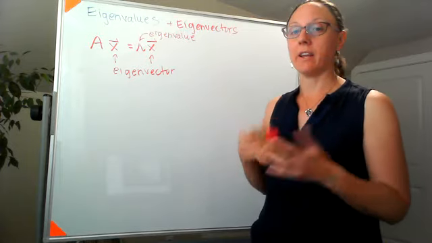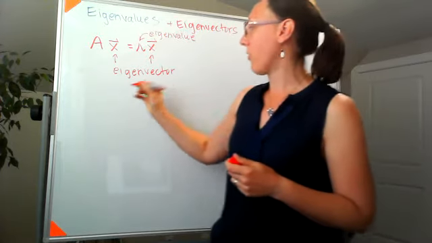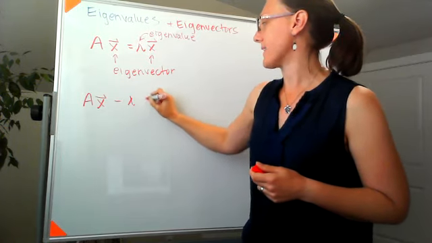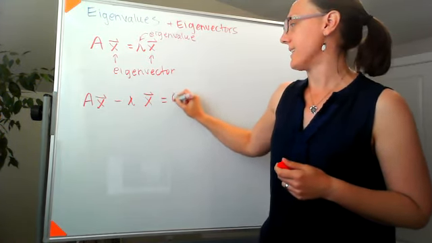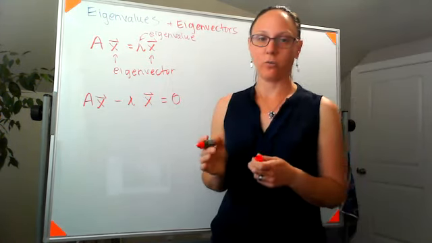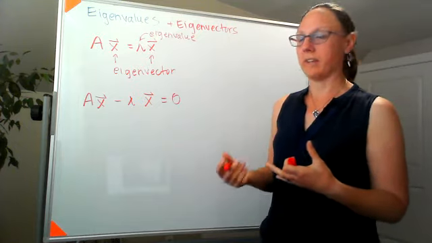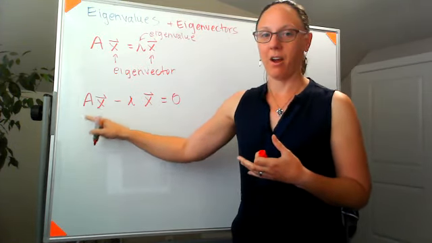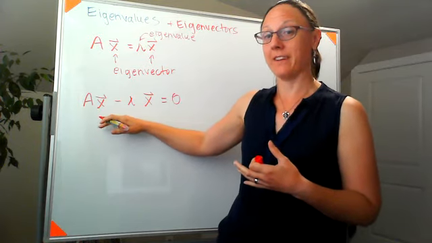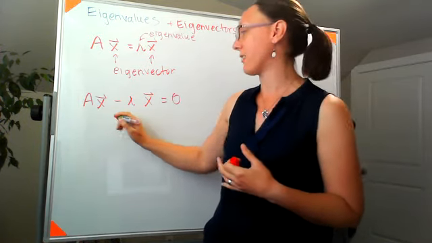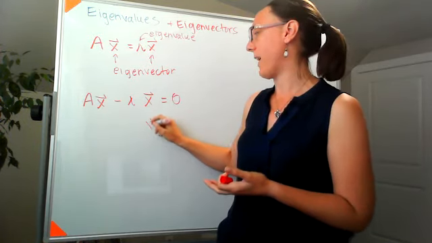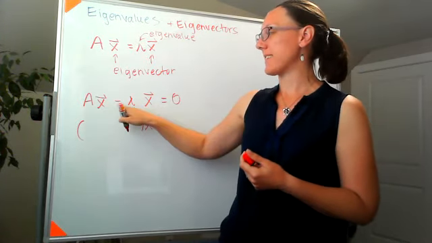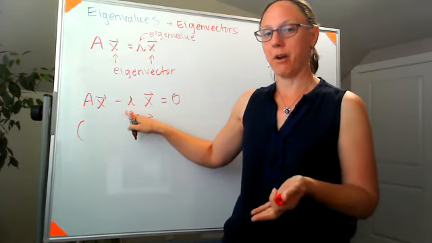Now this equation, if we rearrange it, we can also make that say Ax minus lambda x is equal to 0, subtracting that over. And then we realized that the dimensions aren't going to work out here. Or rather, the dimensions are fine in this equation, but if I wanted to factor that x out, I couldn't, because I can't take a matrix and subtract a number from it.